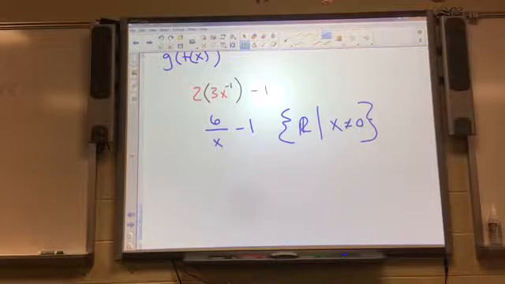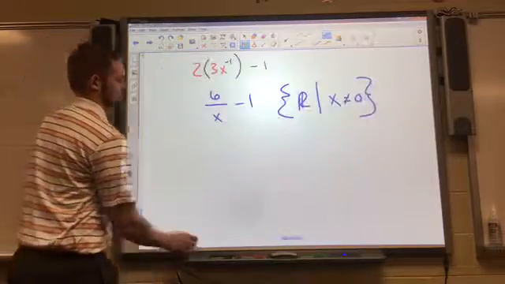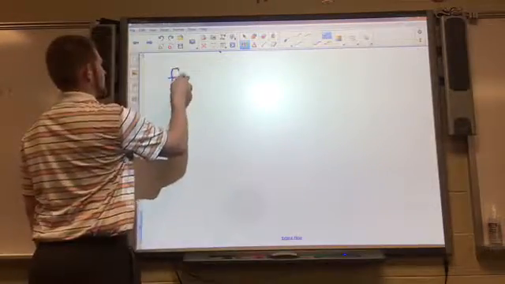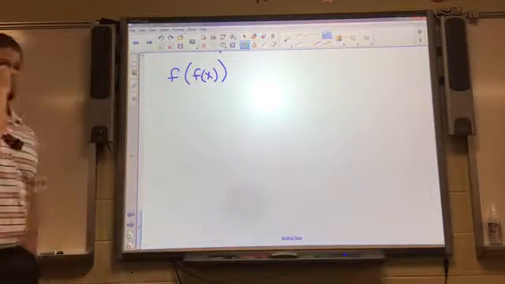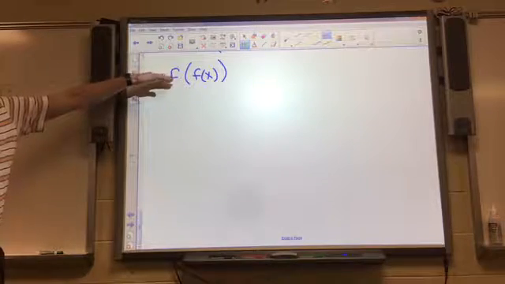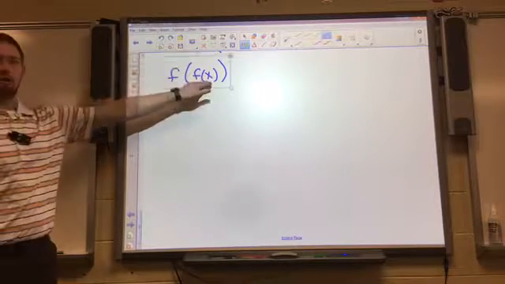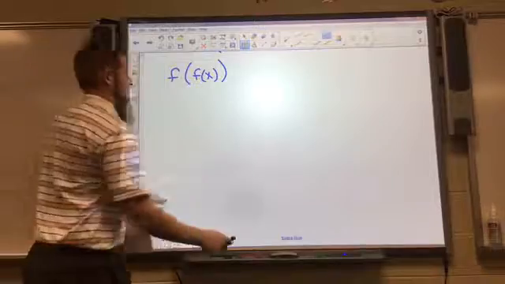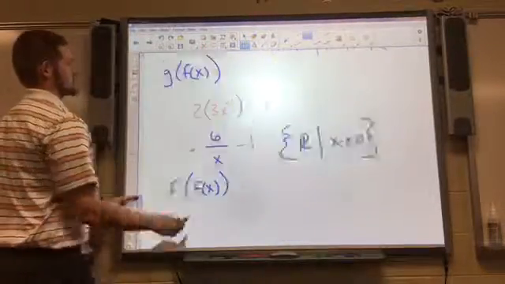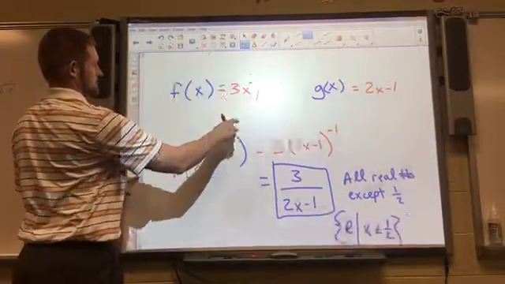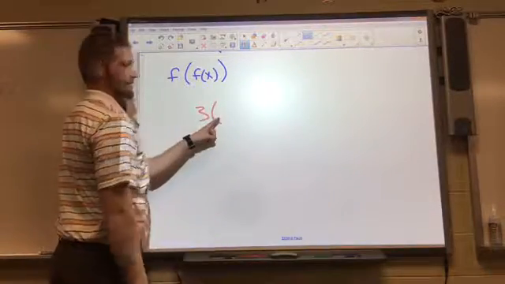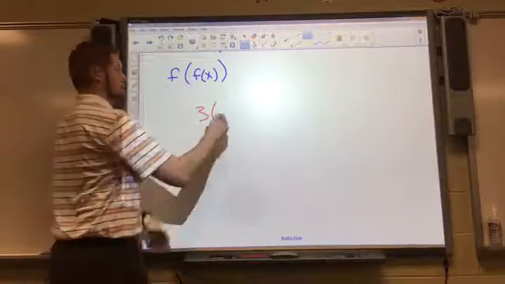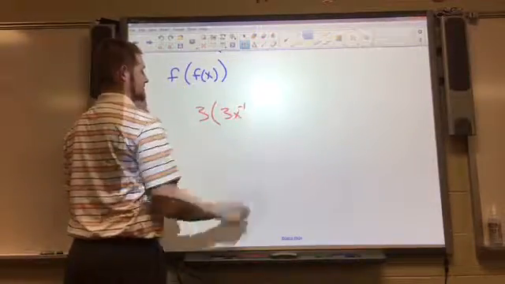Okay. The last example would be, you could have something like this. You could have f of f of x. Just meaning you're starting with your f function, but anywhere you see x, you're plugging in another f of x, right? So my f of x was 3x to the negative first. So I have 3, but instead of x, I have 3x to the negative first.